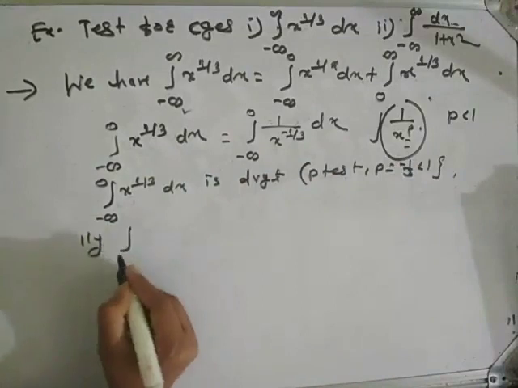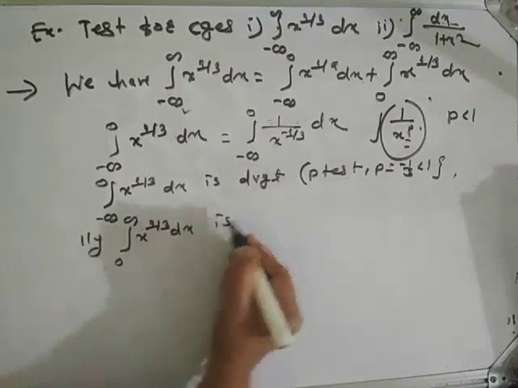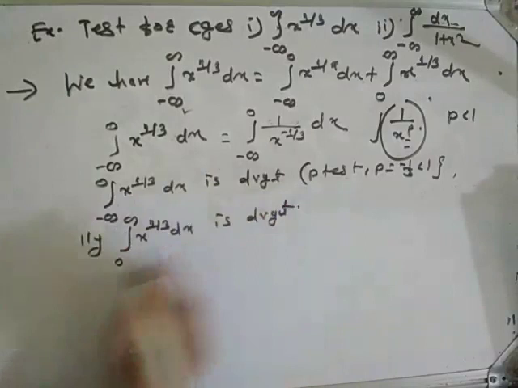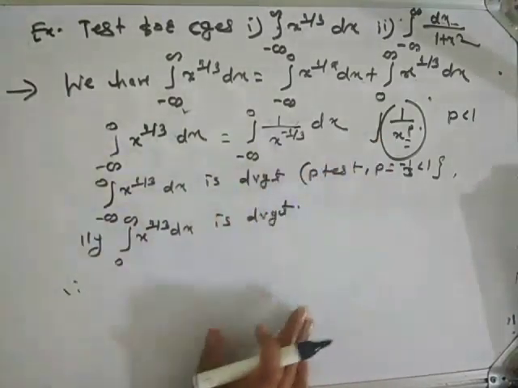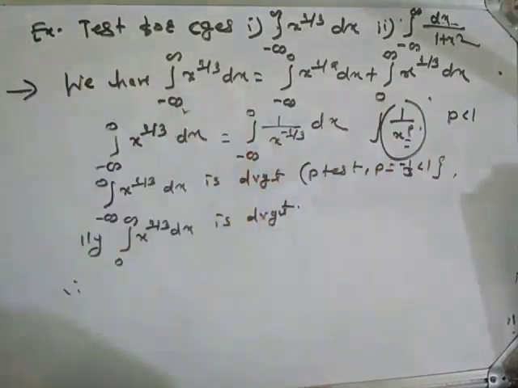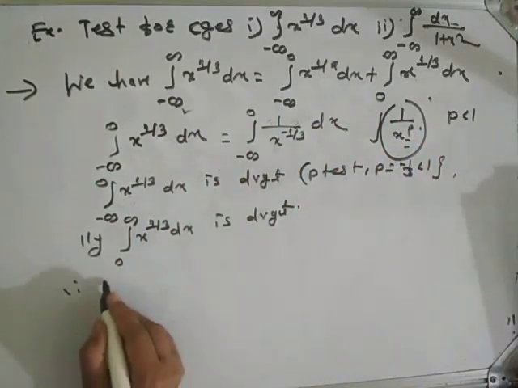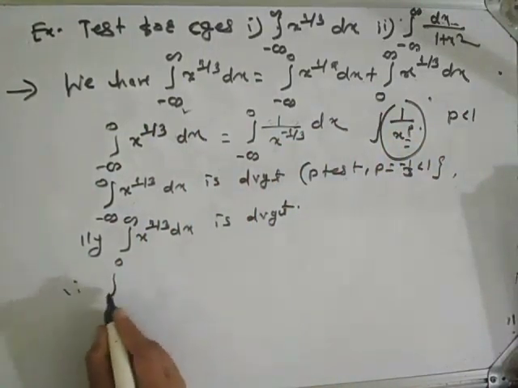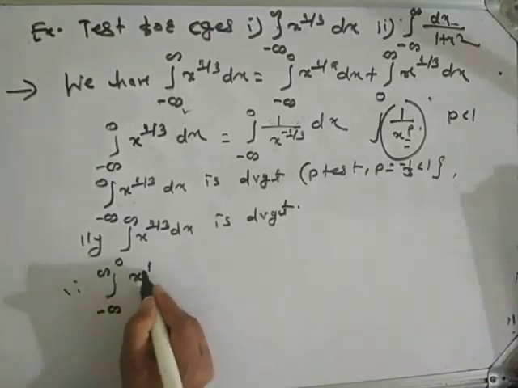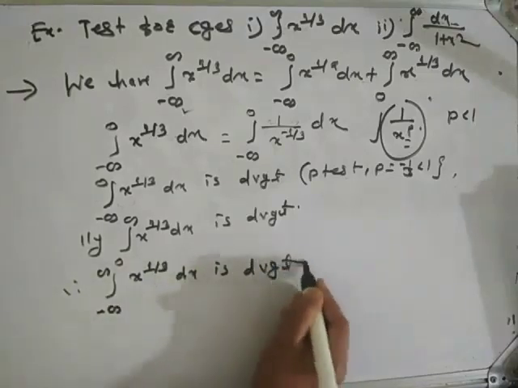Similarly, integration from 0 to infinity of x raised to 1 by 3 dx is also divergent. Therefore, both integrals on the RHS are divergent. That's why the integral on the LHS is divergent. Therefore, the integration from minus infinity to infinity of x raised to 1 by 3 dx is divergent. Very simple.